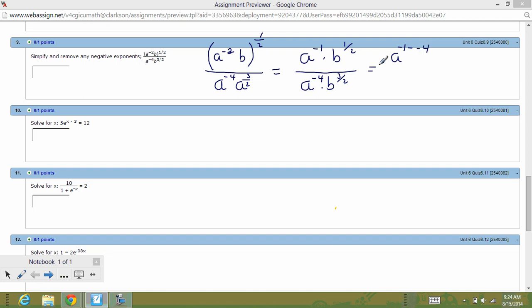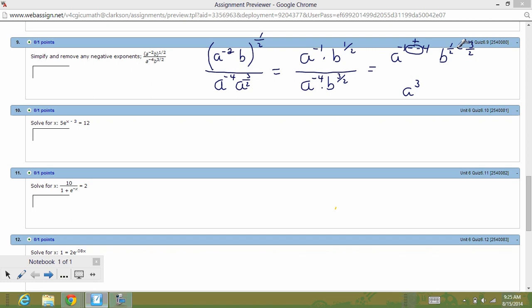Because when you divide expressions with the same base, you subtract the exponents. So I'm subtracting a negative exponent right there. And likewise on the b would be 1/2 minus 3/2. And of course, as we just mentioned, when you subtract that negative, that's going to be addition. So that's going to turn out to be a to the 3rd power.